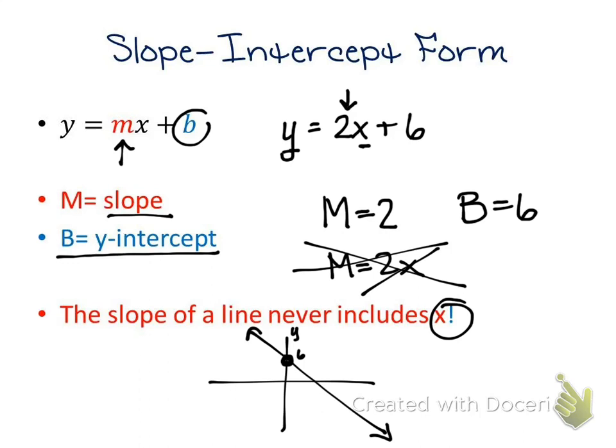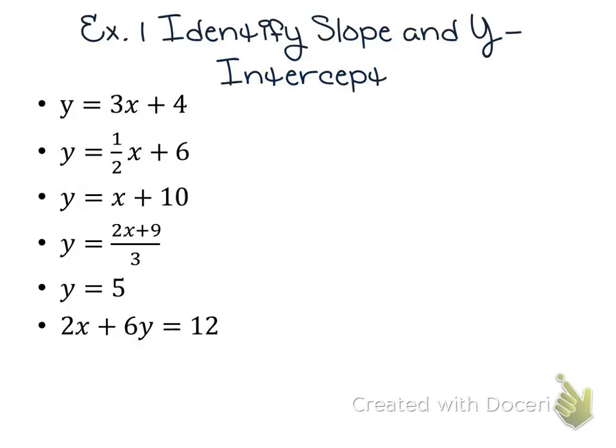So, slope-intercept form includes two major things, slope and y-intercept. Slope is always represented with m and never includes the letter x, and b represents the y-intercept. So they've given me lots of different equations on this one, and they want me to identify what's the slope and what's the y-intercept, okay?